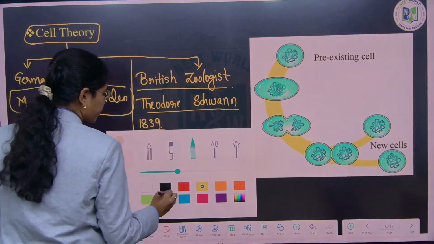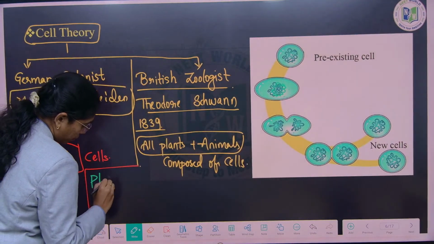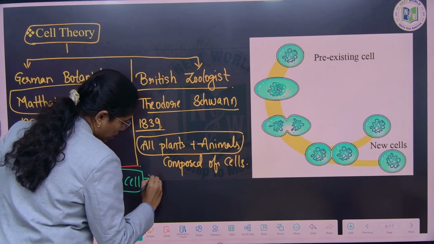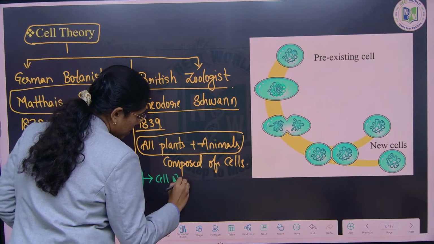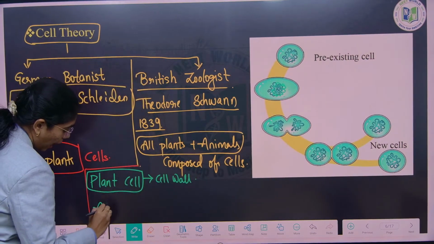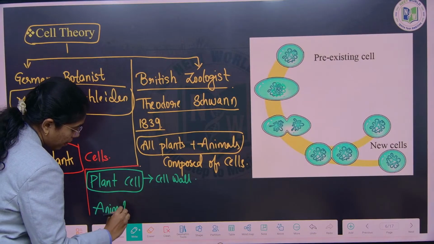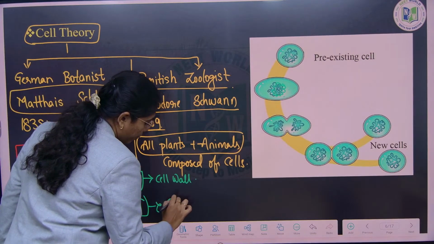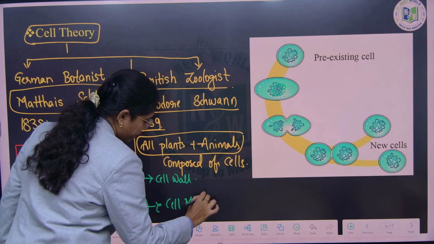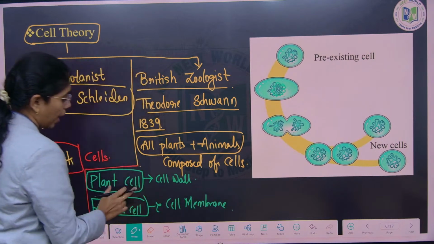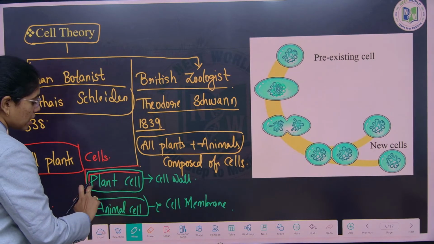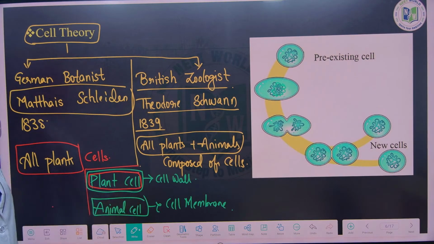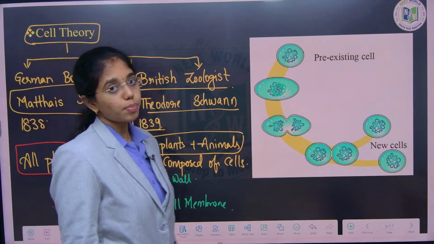Plant cell limiting boundary is cell wall over cell membrane, and animal cell limiting boundary includes cell membrane. Okay, in a plant cell above the cell membrane, cell wall is present, is said by whom? Schwann. And animal cell limiting boundary is cell membrane, which is also addressed as plasma membrane.